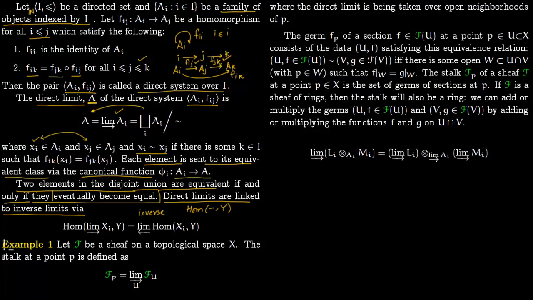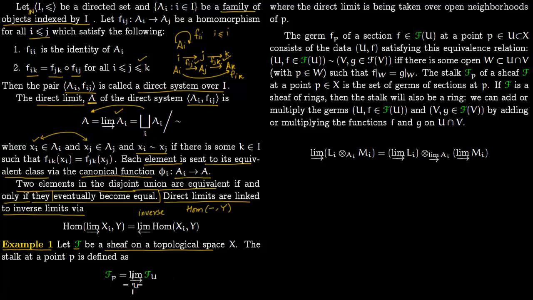The most important example for algebraic geometry is the stalk of a sheaf. Say F is a sheaf on a topological space X, then the stalk at a point P is defined as a direct limit over these sets U. First, what is the index set?